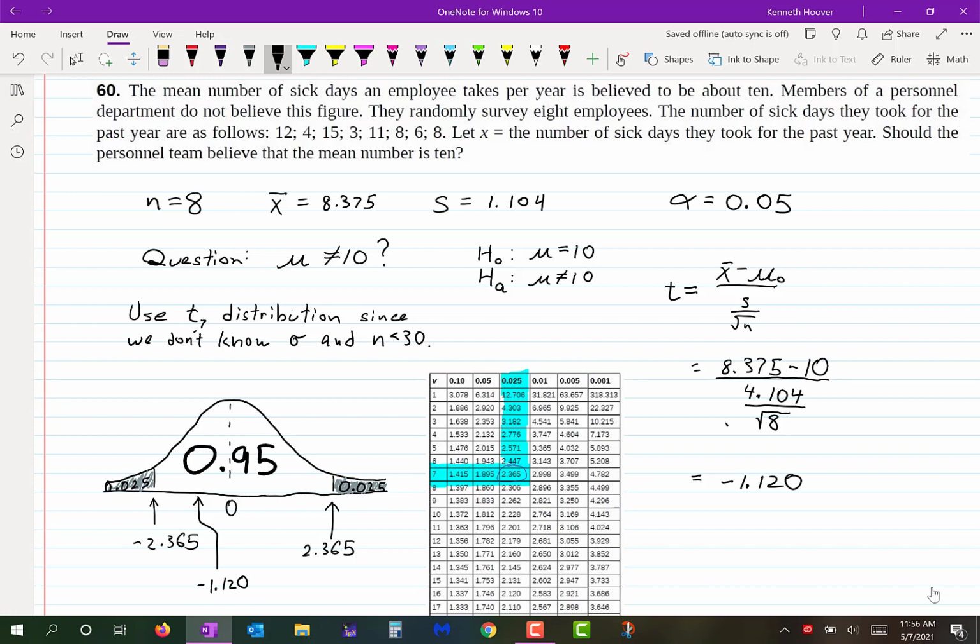Another way to say that is this. If instead of doing a hypothesis test, we instead did a 95% confidence interval centered at 10, then this sample mean would have landed inside that confidence interval. So we reject the alternative hypothesis. And we conclude that mu is not a number other than 10 at the 95% level.